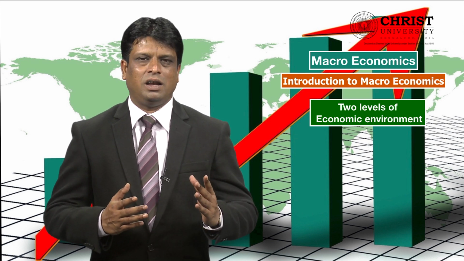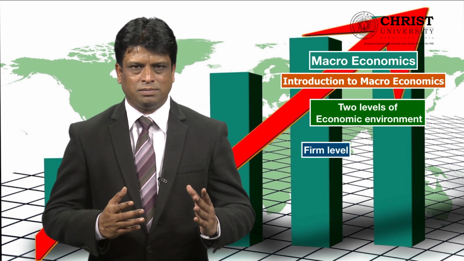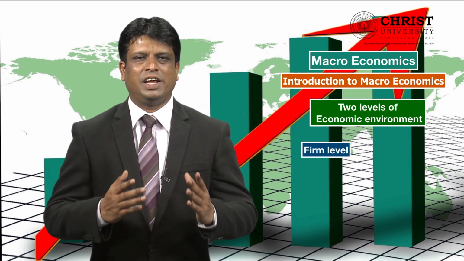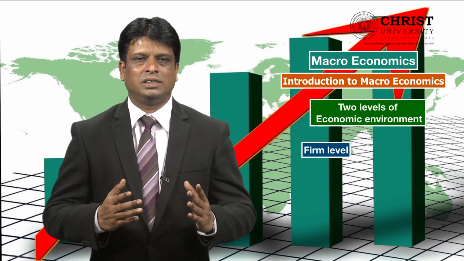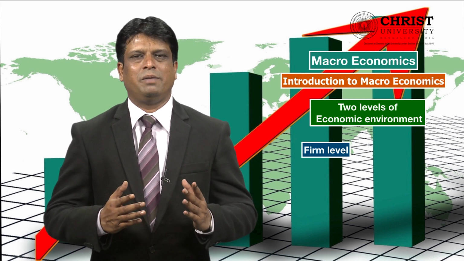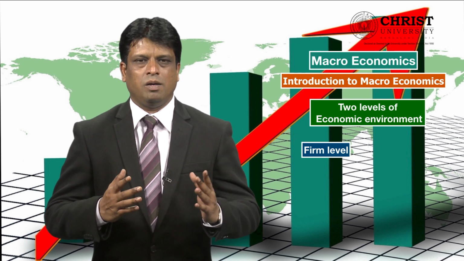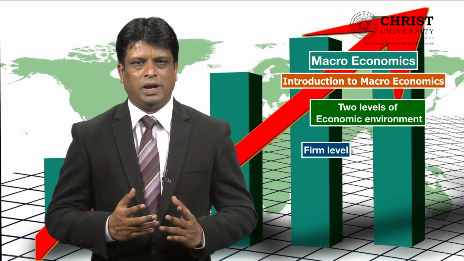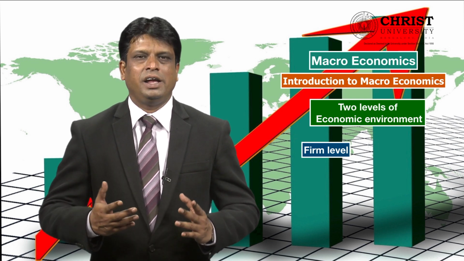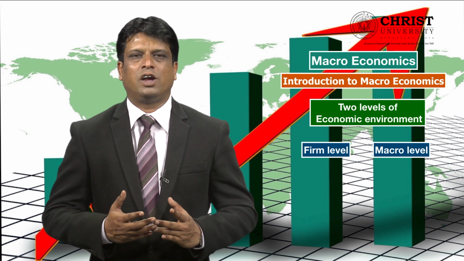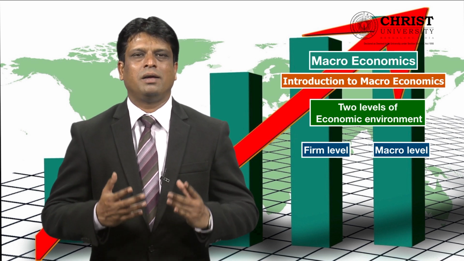The first level is at the firm level. Here the business environment is given, fixed, and decided primarily by the structure of the market, be it monopoly, monopolistic or duopoly. Whereas in the second level he has to deal with the economic environment at the macro level.